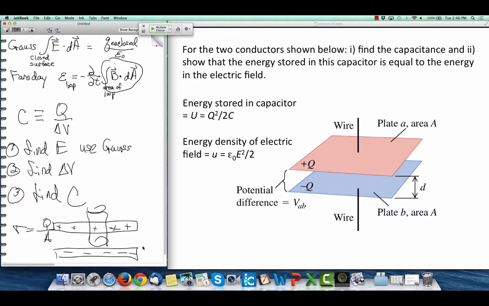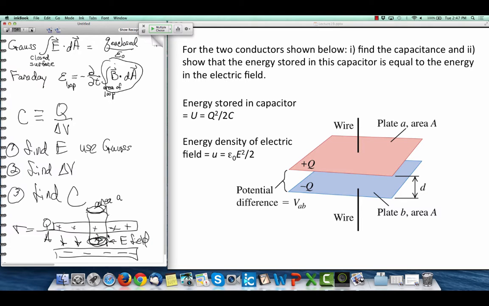If I want the electric field here, I want the electric flux through that face of a cylinder, if the cylinder has area A, say, the face of the cylinder. There's no electric field out here because the plus and the minus plates cancel. And so the only electric field is in the center here, in between the two plates.